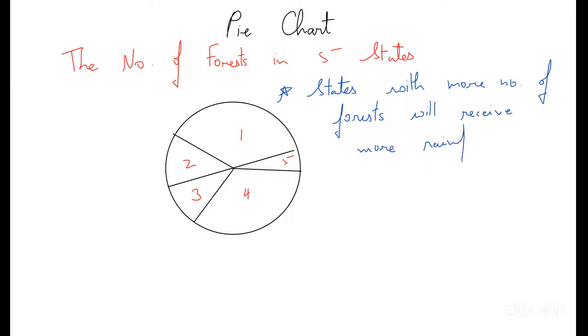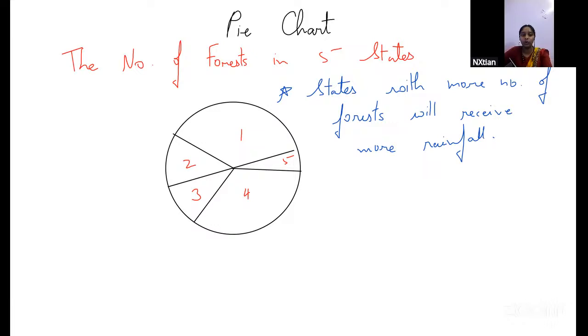Now tell me, which state will have the maximum rainfall out of all these 5? State 1. Okay. Next question. Which state will have the least rainfall? State 5. Any other answers?